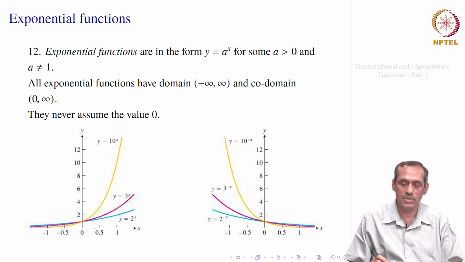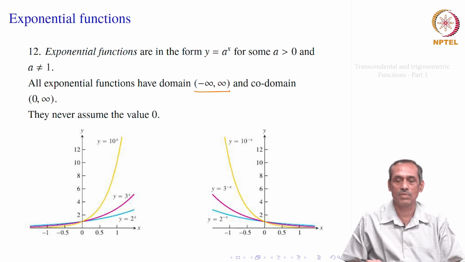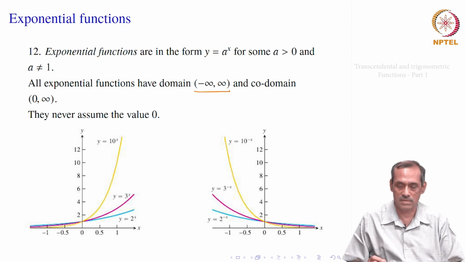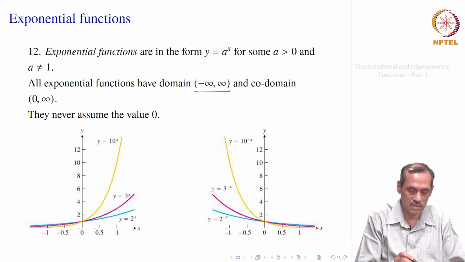Now, if you take a to the power x, here x can vary over the whole set of real numbers. So, we will write its domain is minus infinity to infinity, it is the whole of R, and its codomain is positive reals. It can never be 0, of course. So, some examples are, say, y equal to 10 to the power x, where a equal to 10 here, and it looks something like this.